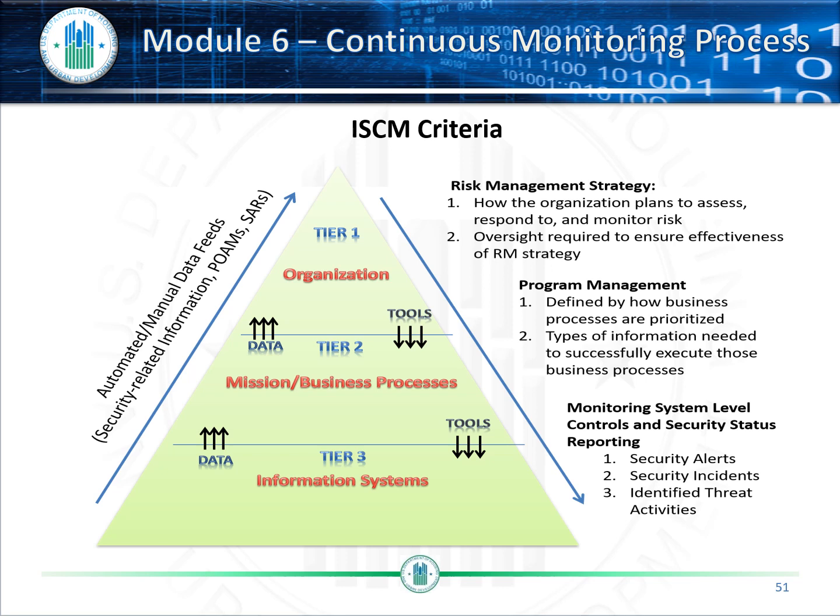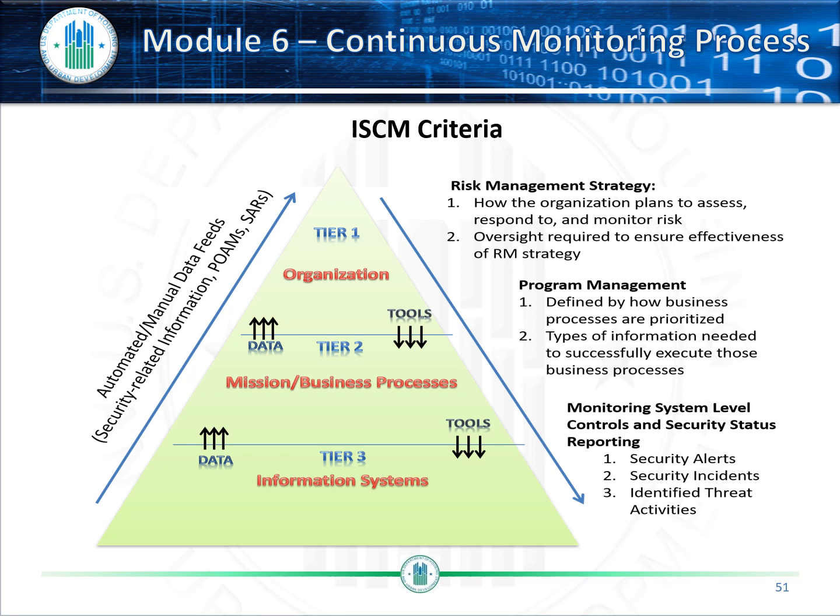The Tier 2 criteria for continuous monitoring of information security are defined by how core mission and business processes are prioritized with respect to the overall goals and objectives of the organization, the types of information needed to successfully execute the stated mission and business processes, and the organization-wide information security program strategy.